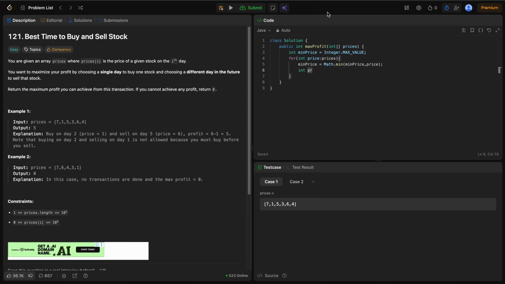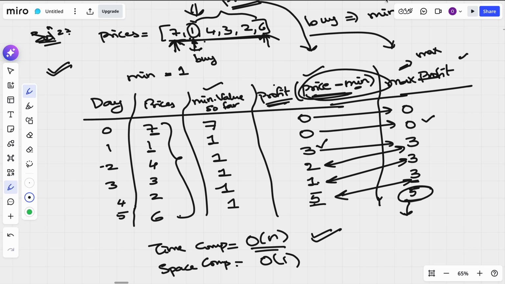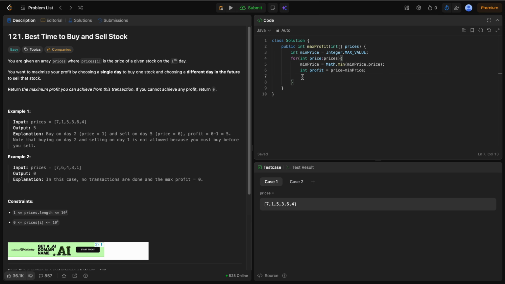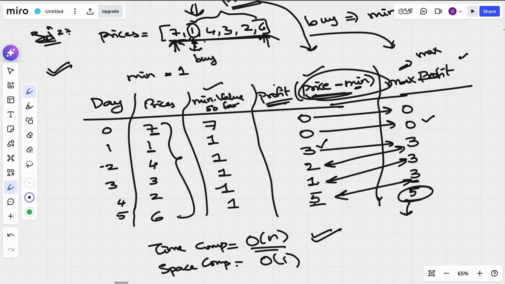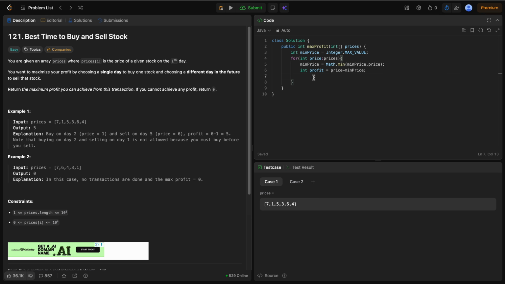So I will write: the profit is equal to price minus min price, right? Now, after getting the profit, we need to find the max profit also. This max profit I am updating every time. For every value I'm comparing and updating accordingly. So I need to consider this max profit also.